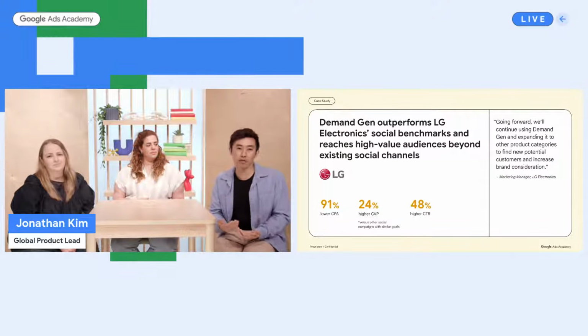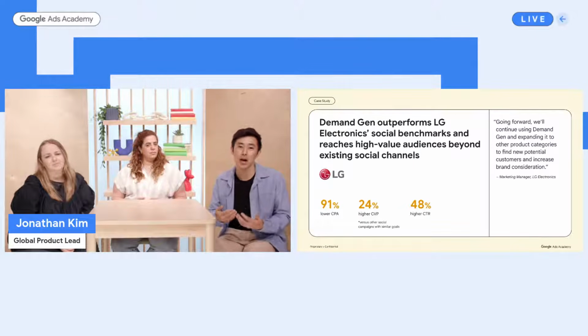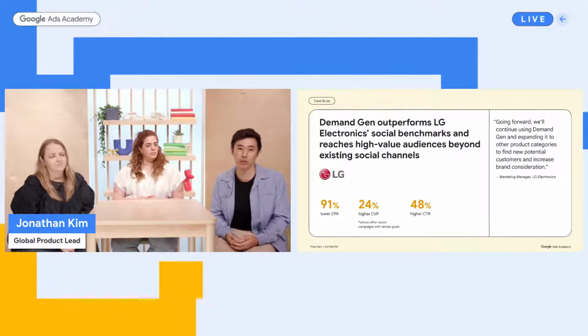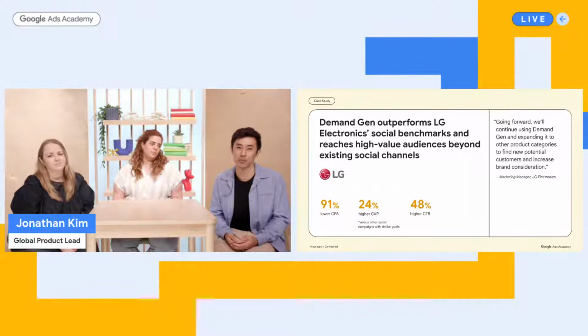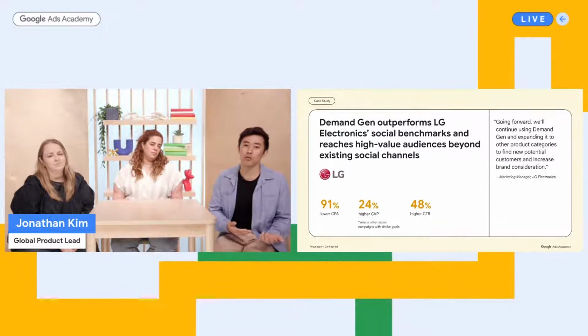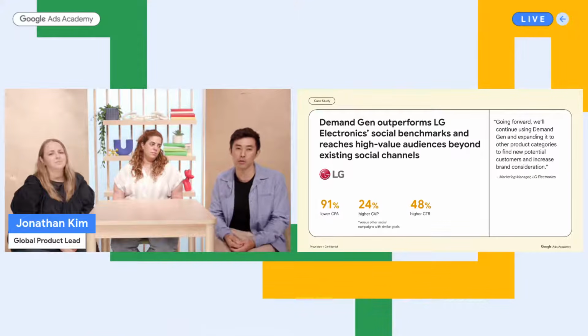Demand gen vastly outperformed their paid social campaign efforts, delivering a 24% higher conversion rate than social, a 48% improved click-through rate than social, and a 91% lower cost per acquisition compared to social. This encouraged LG to further scale demand gen campaigns to some of their other product categories.